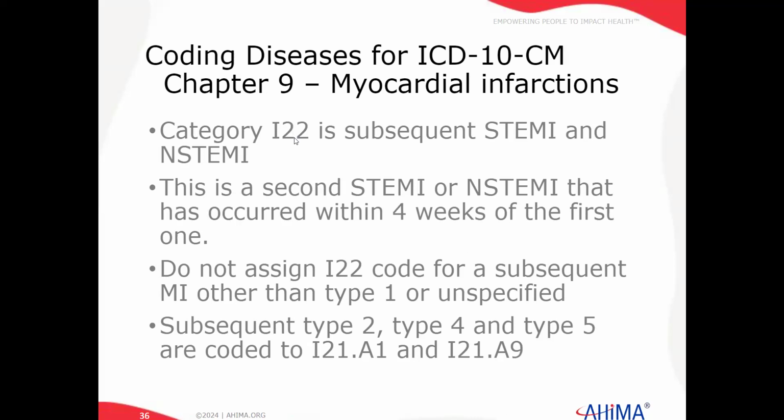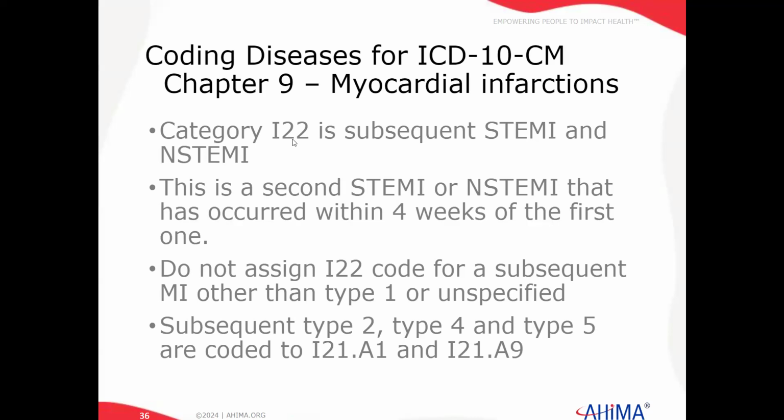So this is the second one. We only use the I-22 when the patient is being seen within 4 weeks of the first one. We never use an I-21 code for a subsequent MI other than the type 1 or unspecified. And this could either be the principal diagnosis or not.